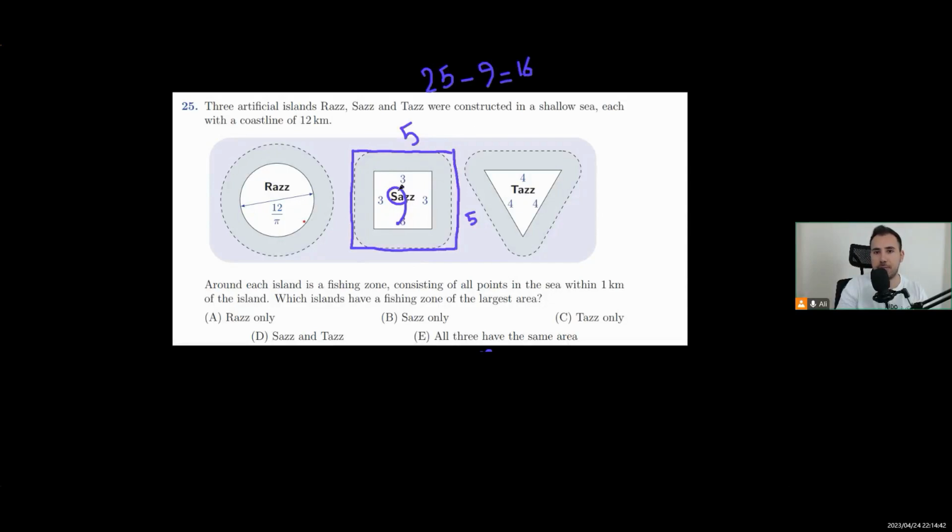Okay, but of course, we added these areas to all of them. But now let's come up with another example. Let's make the shape another easy thing that we could quickly find the area of. It will be something like this: 5, 1, 5, 1.